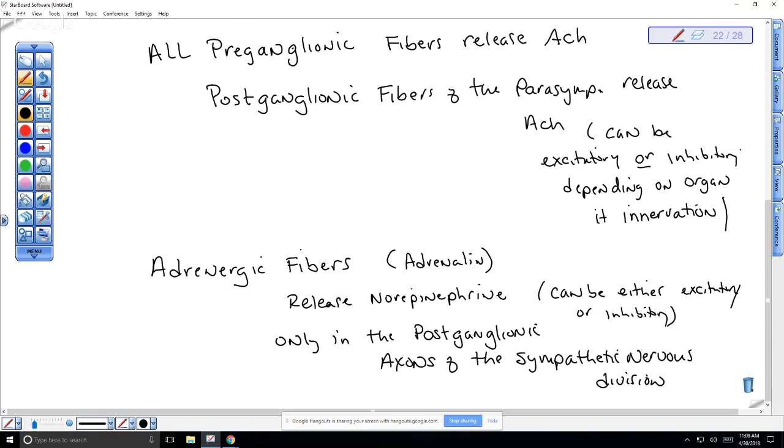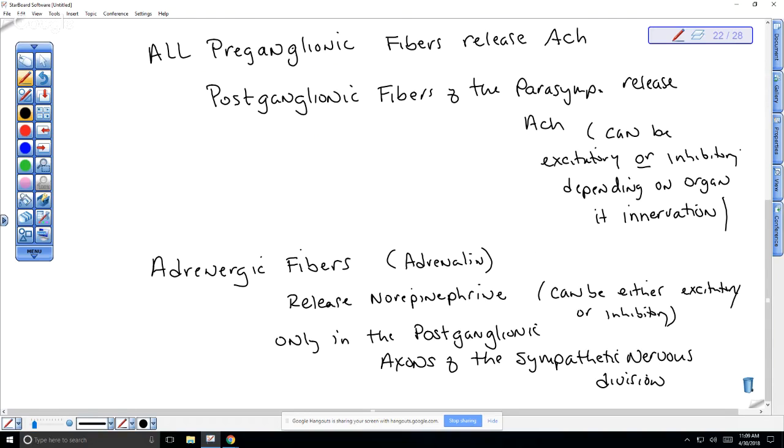Okay. So remember, all preganglionic fibers release acetylcholine, which is excitatory, which then sends a signal to the postganglionic neuron. And then only in the sympathetic nervous system are they adrenergic, not cholinergic fibers.